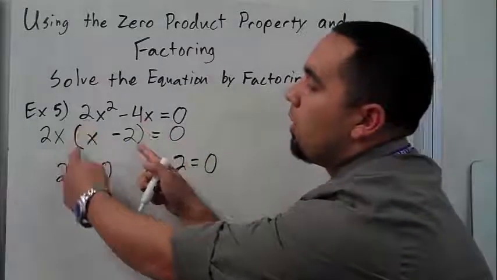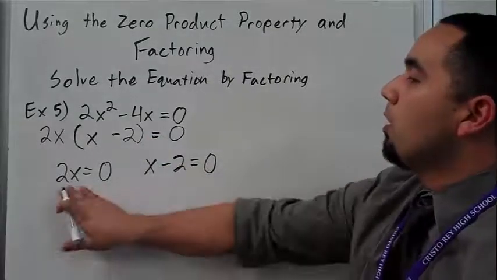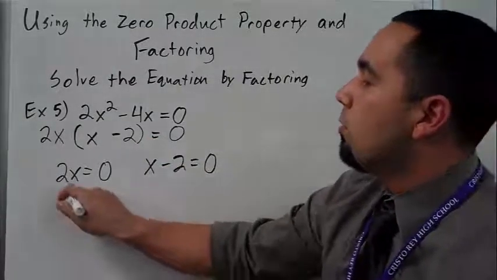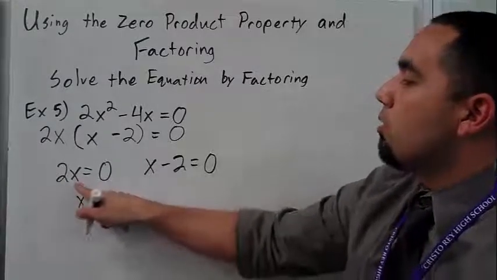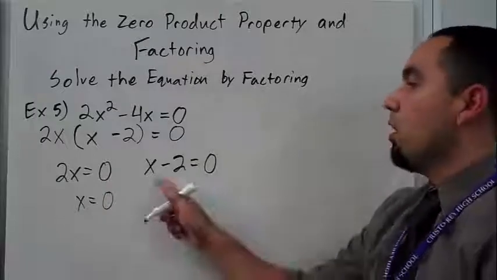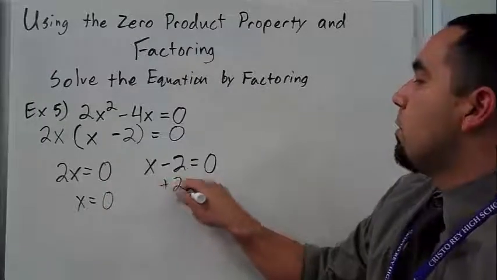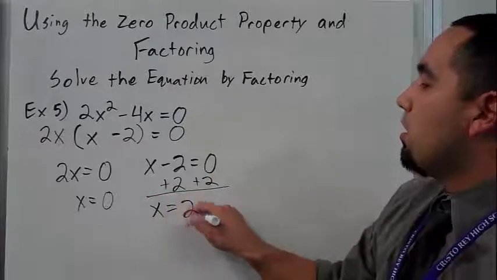And again, it's one number because it's in parentheses. So 2x equals 0, I would divide by 2, but basically, again, we can use zero product property. 2 times some number equals 0. Well, that's just 0. And here I need to solve. I'm going to add 2 to both sides, and I get x is equal to 2.